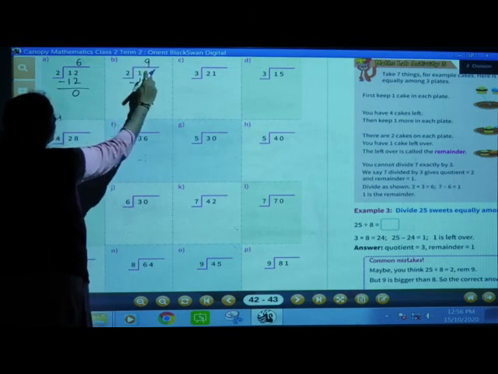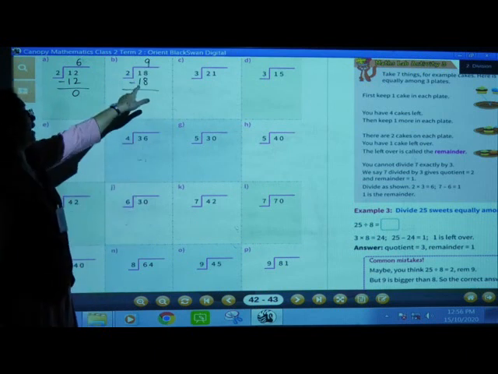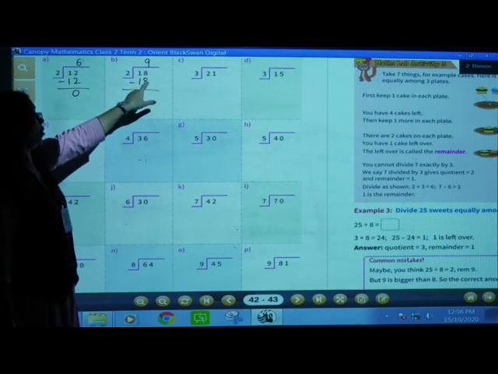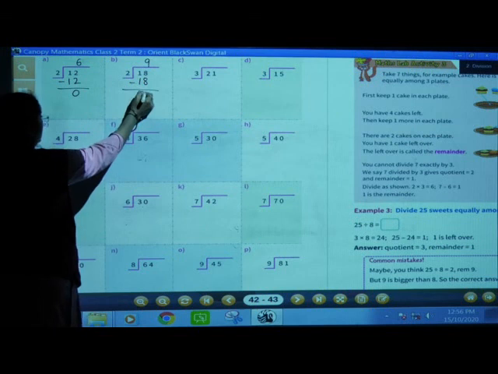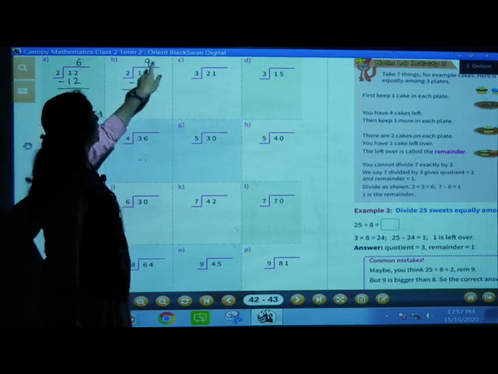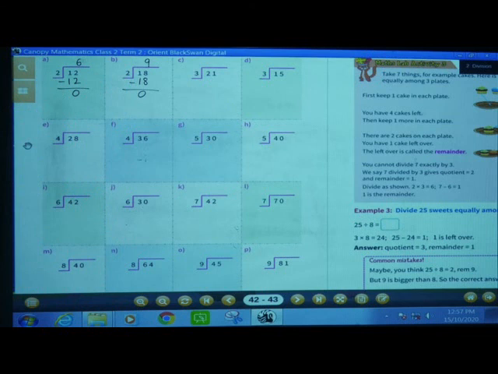Write 9 in the ones column and then write 18 below this dividend. Then subtract 18 from this 18. 18 minus 18, 0. Then what is the quotient? 9 is the quotient.